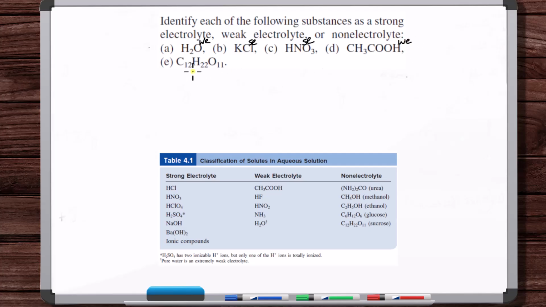Okay, C12H22O11. That's sugar. And so sucrose, or table sugar, non-electrolyte. And we talk about why that is. It's very soluble, but it doesn't dissociate into ions. It just dissolves, the neutral molecules dissolve. So this is a non-electrolyte.